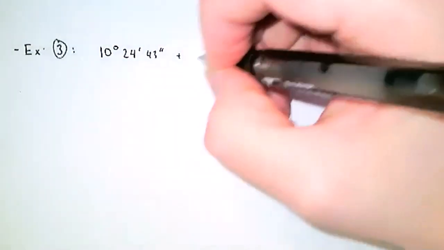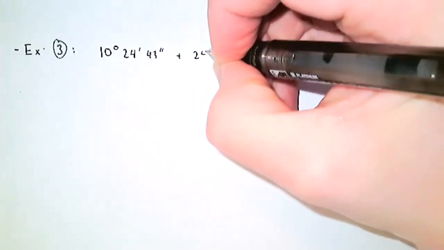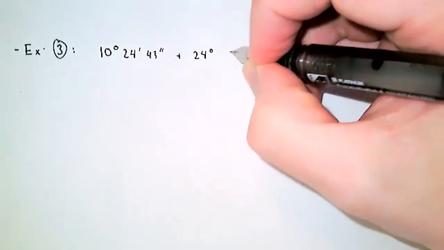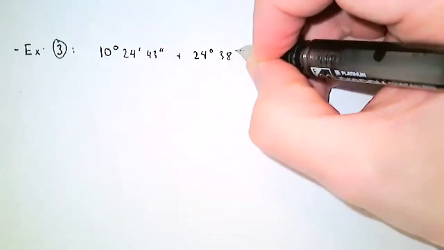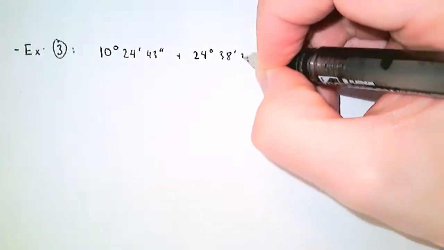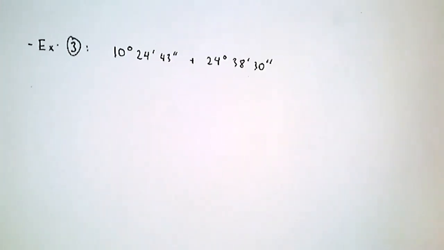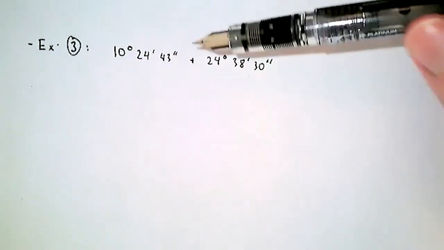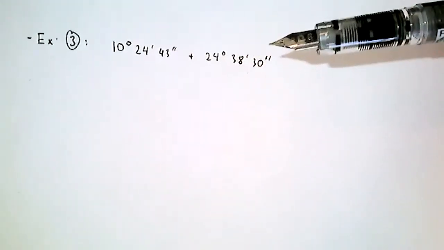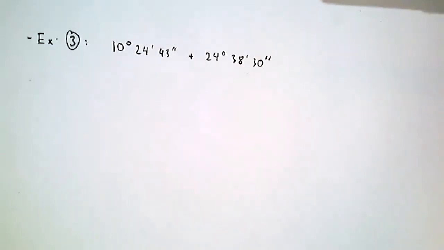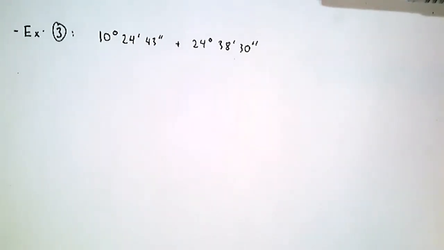And I want to add this to 24 degrees, 38 minutes, and 30 seconds. And what I want to do is add these 2 and also try to simplify my answer. And I'll explain what I mean by simplify as we work through.